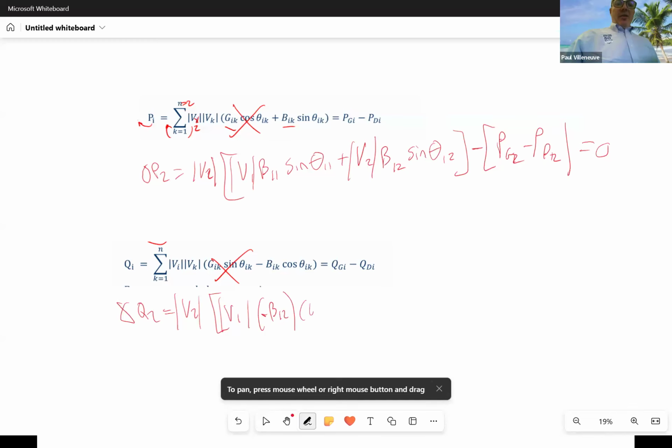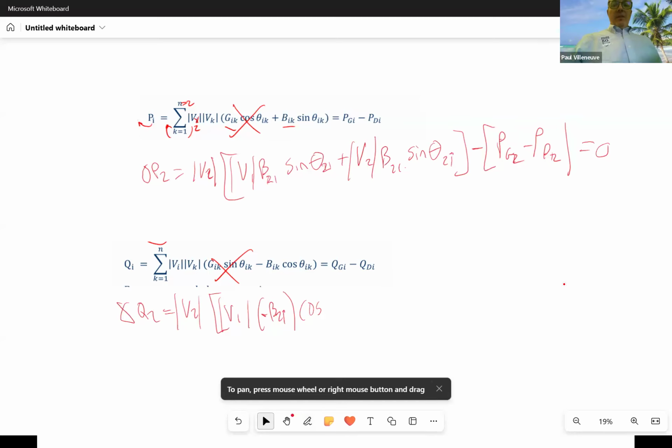Then I take the cosine of theta 2, 1. I'm being sloppy here. Let me clean that up. Theta IK is 2, 1.